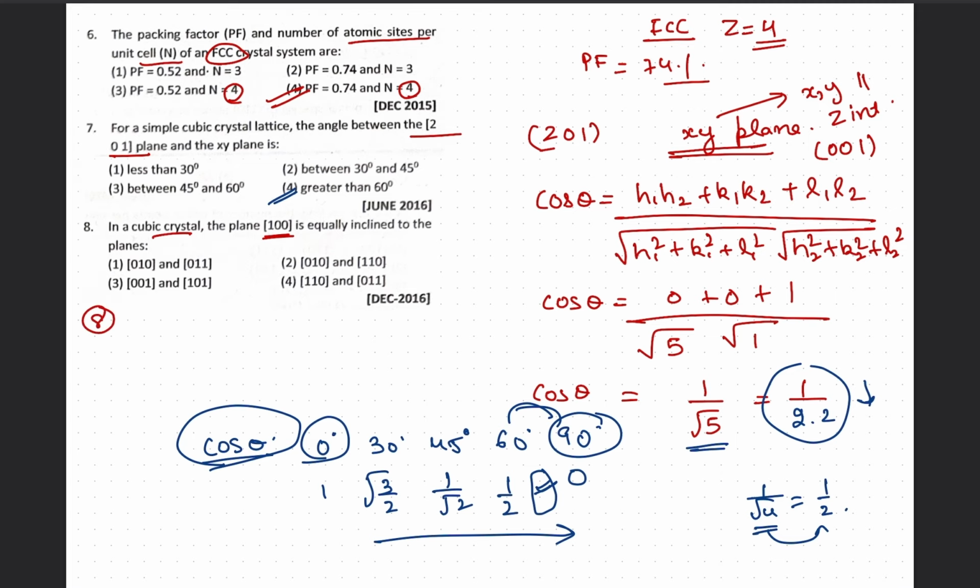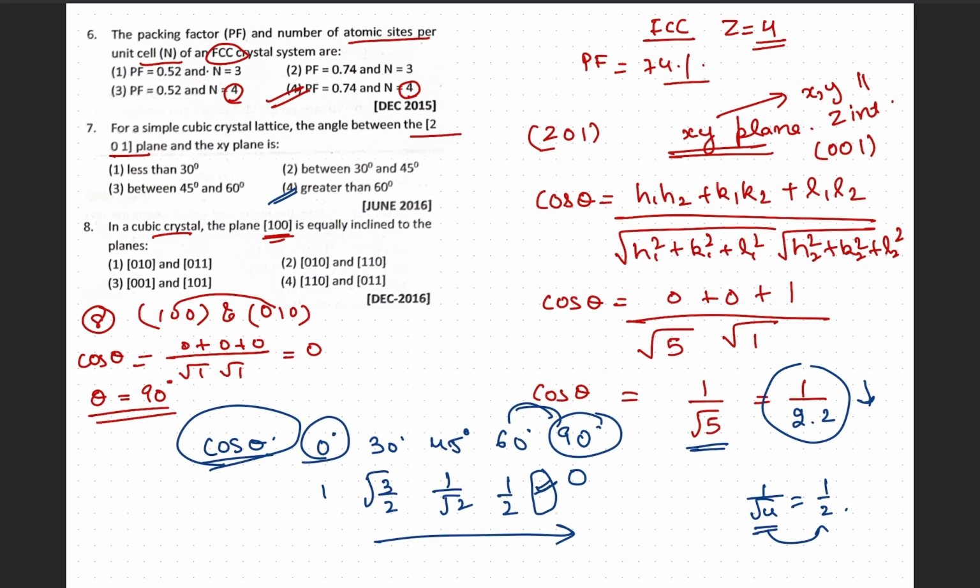8th question, option one: if we find the angle between this and 0 1 0, the angle will come from 1 into 0 plus 0 into 1 plus 0, divided by 1 into 1, so this is 0. Cos theta will come 0, theta will come 90 degree, right?